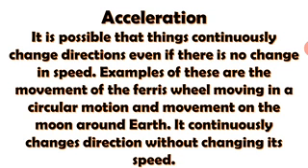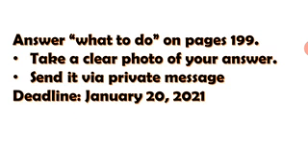Another example is the movement of the moon around the earth. It continuously changes direction without changing its speed, and it is still acceleration. It is a common part of many types of motion. So that is acceleration.